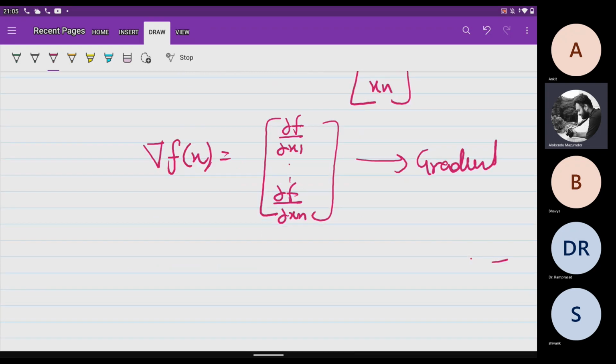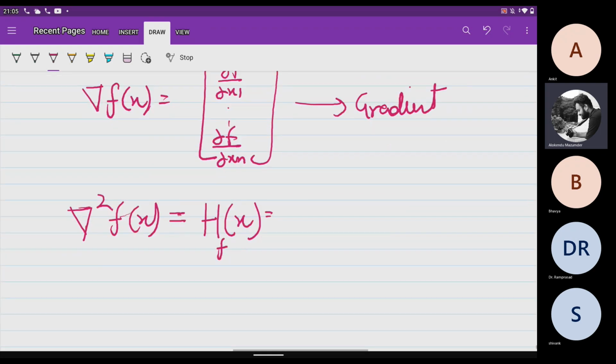Now how can you compute the double derivative? The double derivative is denoted by H of x, or Hf of x, and it's basically a matrix.